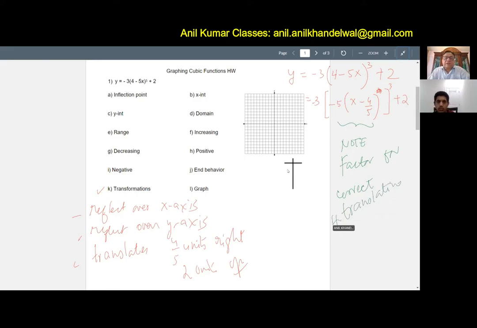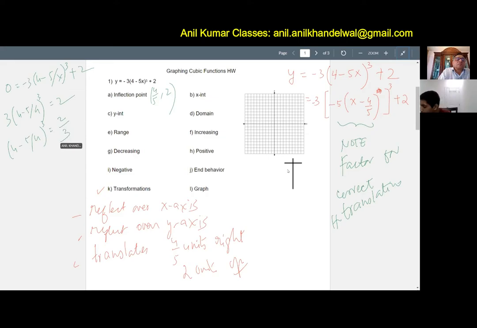Basically, horizontal translation. Correct. Now we know the point of inflection. Can you tell me that? (4/5, 2). Perfect. And how will you find the x-intercept? Let's calculate.